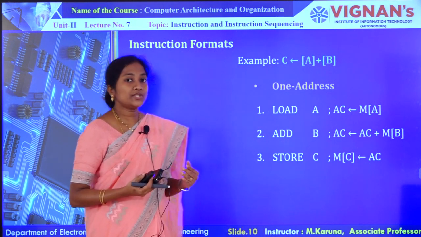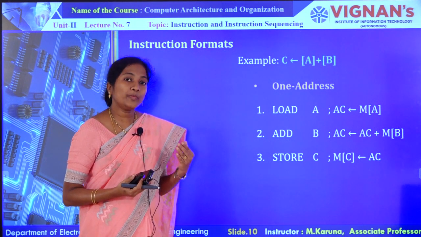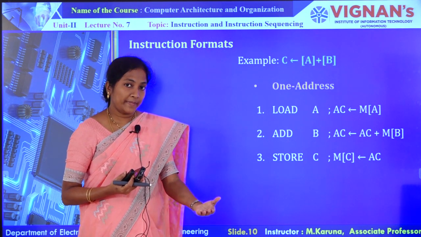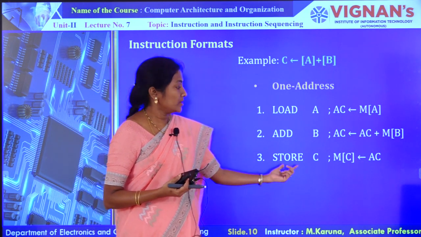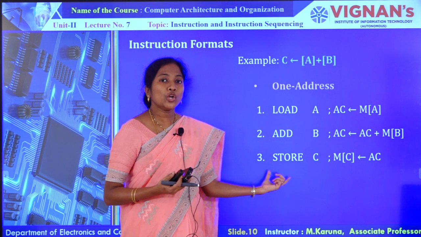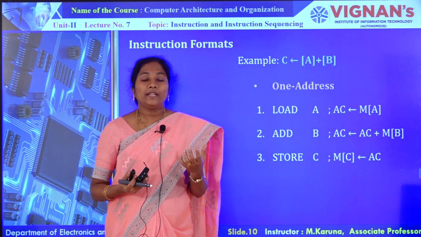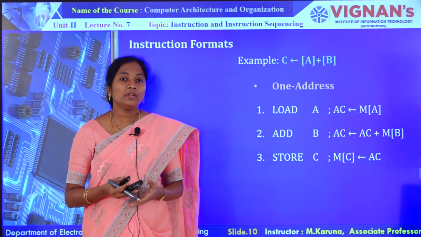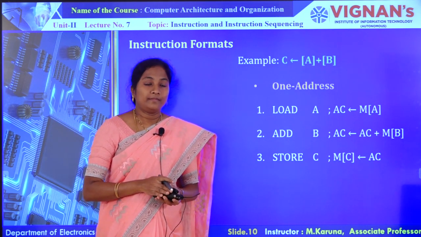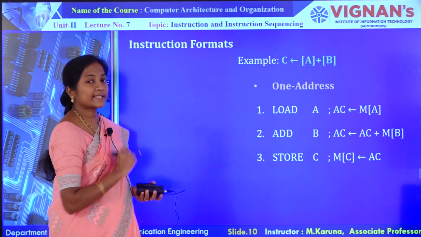Now, our aim is to transfer output data to the C memory location. For that purpose, we use store C. The store operation transfers data from accumulator to the memory location pointed by C in this case.